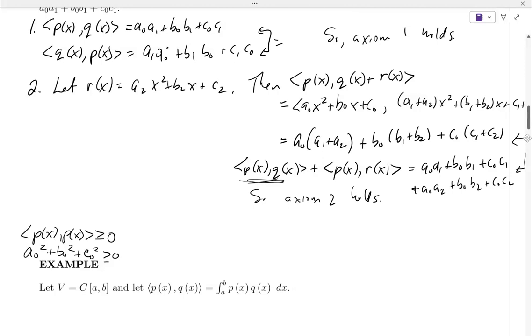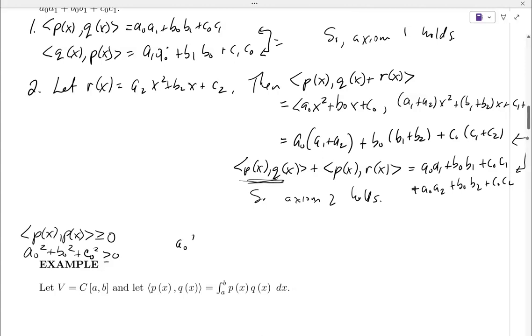We agree with that? The second part says that the only way that we can get the 0 as the inner product with itself is if we use the 0 vector. Well, what's the only way that a naught squared plus b naught squared plus c naught squared can equal 0? What has to happen? All of them are 0, right?